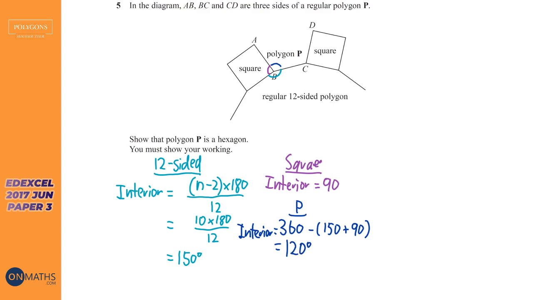So to work out the exterior, we take it away from 180, so 180 take away 120. Why am I doing that on the calculator? Obviously it would be 60. And then we do the number of sides.